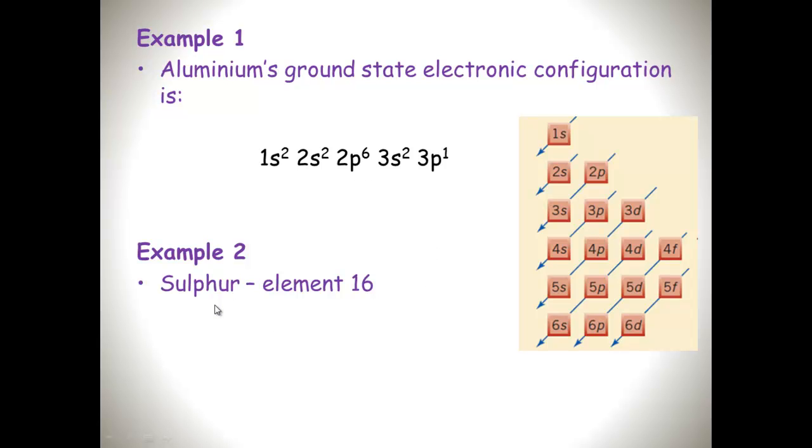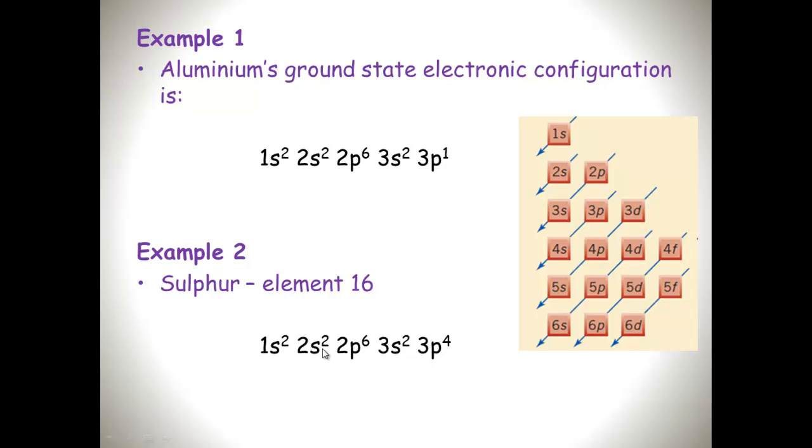Let's have a look at sulfur, element 16. So we've got 1s2, 2s2, 2p6, 3s2, 3p4. This is our next one here filling up. So we've gone 1s, 2s, 2p, 3s, and 3p.